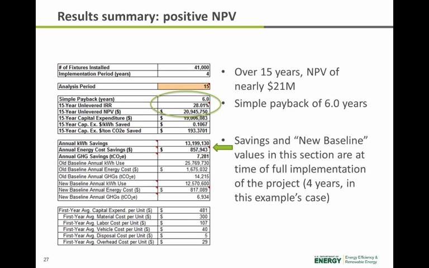And you can see that on an annual basis, the municipality is going to save about $850,000 in terms of energy costs and avoid the emissions of just under 7,300 metric tons of CO2 equivalent.